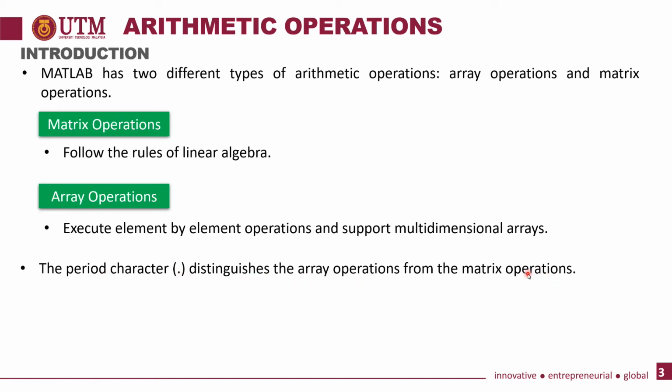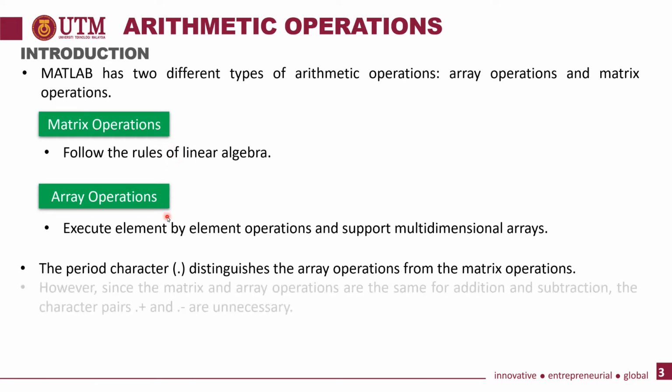Inside MATLAB, matrix operations use an expression without a dot, but array operations use an expression with a dot. In the next slide I will show you the differences between the syntax we use in matrix operations and array operations.